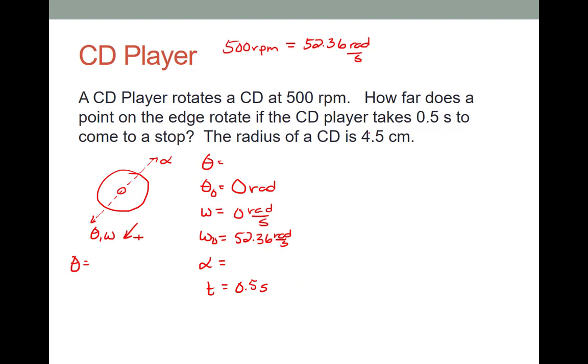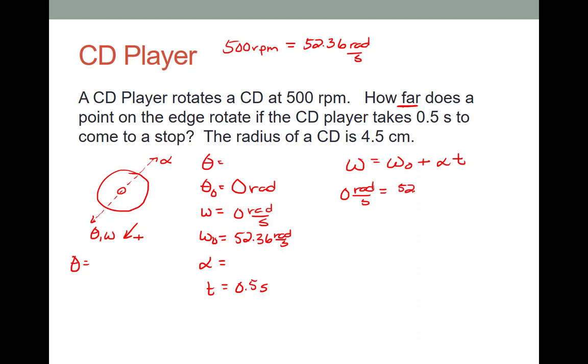I want to find how far it rotates. So that is a measure of arc length. How far around does it go? How much distance does it travel? In order to find arc length, I need to find angle. But I don't have the angular acceleration. Therefore, my first step is going to be to find that. Final angular velocity is 0.